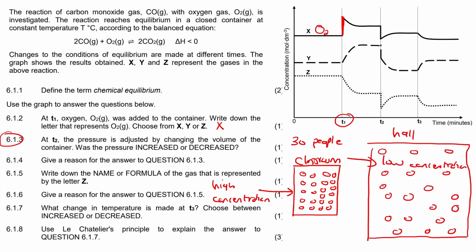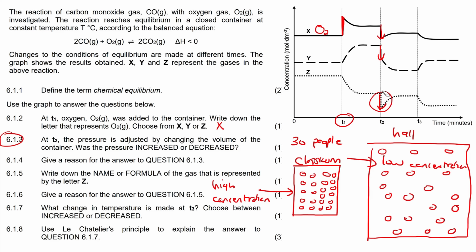Okay. So have a look at T2. What happened to all of the concentrations? They all became less. Can you see they all dropped? So does that mean that they made the volume smaller, or sorry, they're talking about pressure, but don't worry, let's first talk about volume. How do you make the concentration become lower?